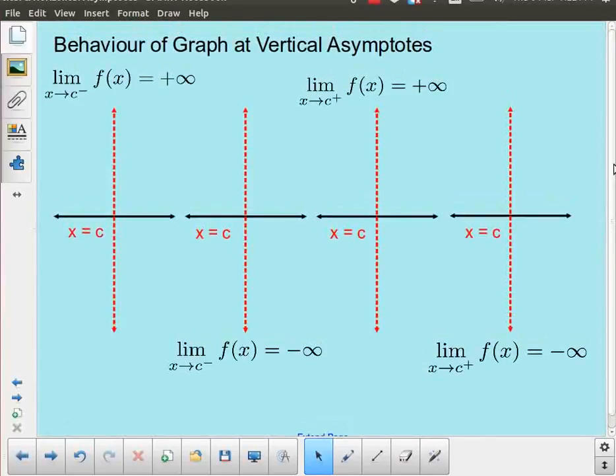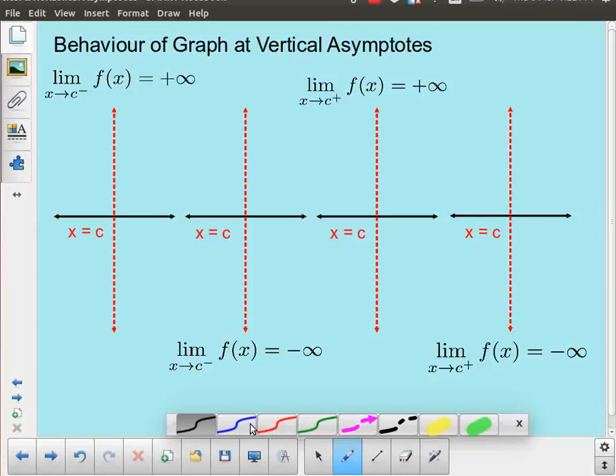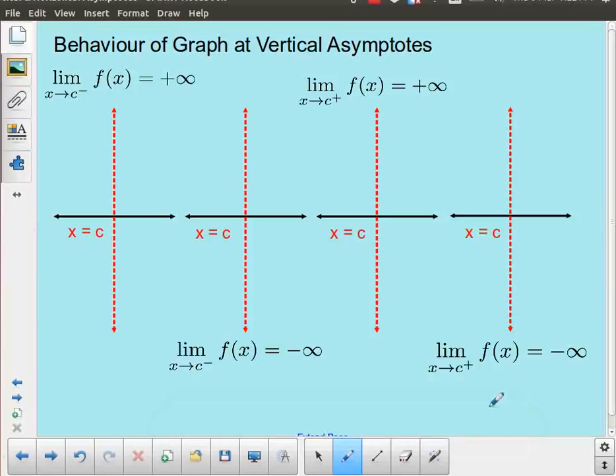Now, how does the graph behave around these asymptotes? And what do I mean? This blue page is going to let me illustrate what these different limits mean. The limit as I approach c from below or from the left, and the limit as I approach c from the right. I've just put together 4 different sample graphs here.